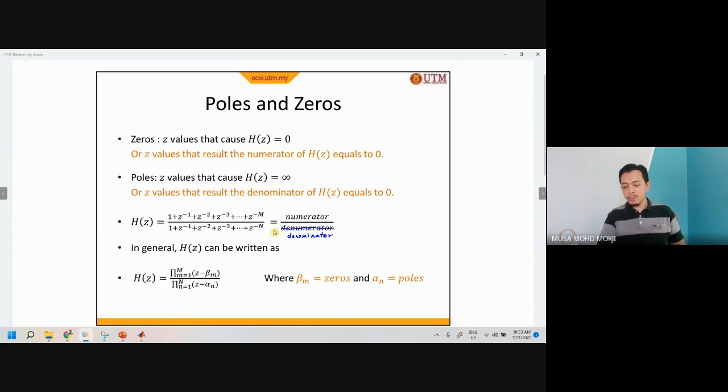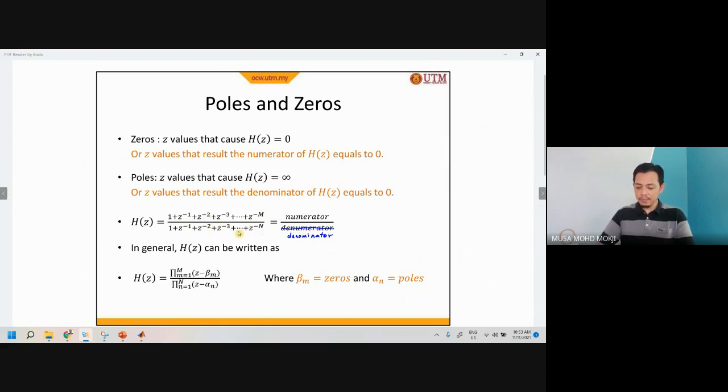To make it simple, when you have an H(z), it is a fraction, so you have what we call a numerator and a denominator. There is an upper side and a lower side, the numerator and the denominator.